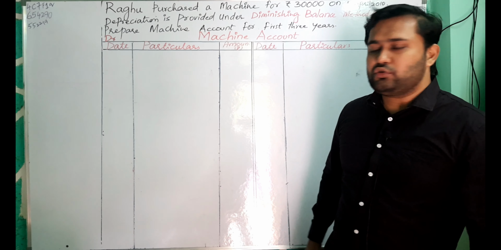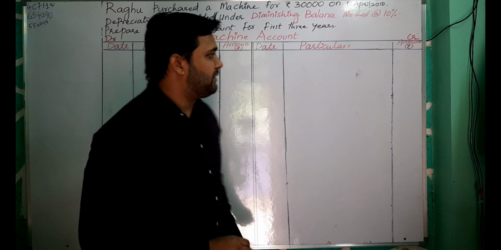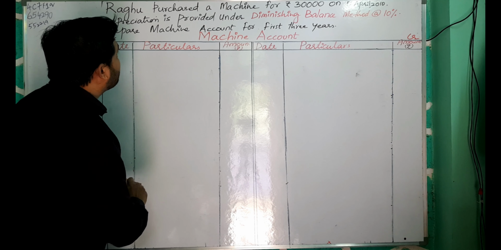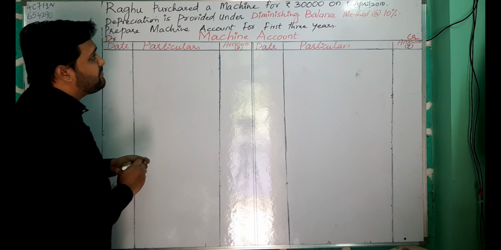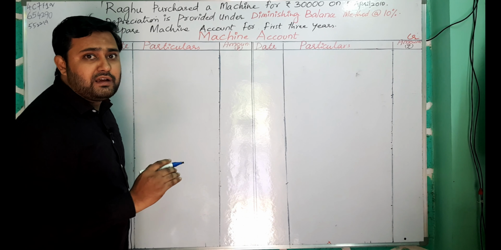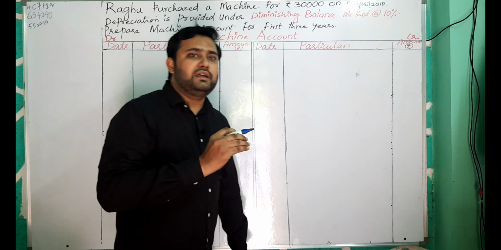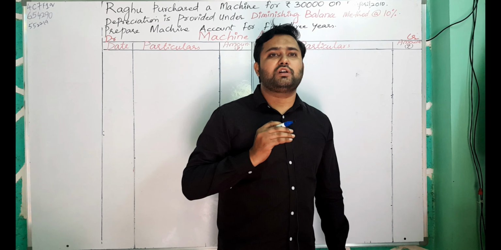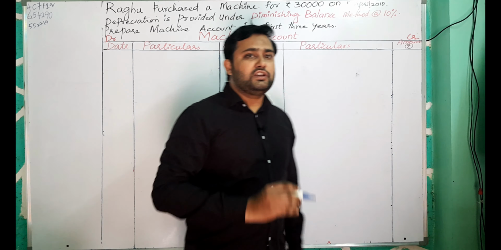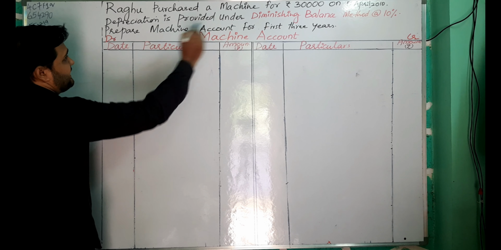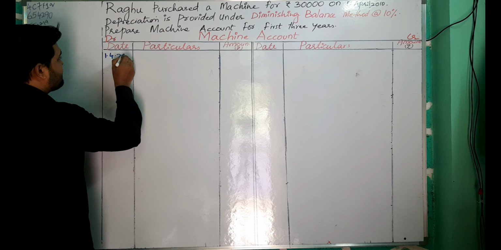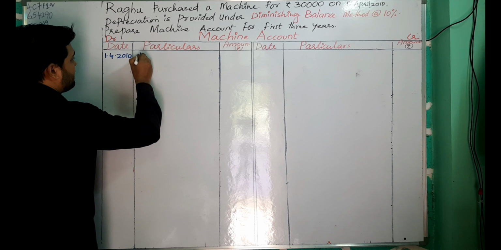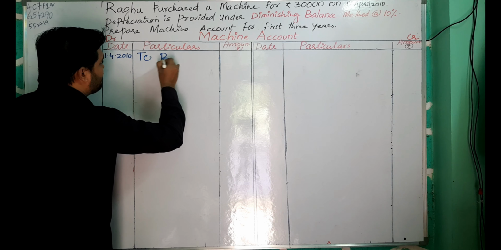Let's see how to solve this diminishing balance problem. Here it has mentioned that Mr. Raghu purchased a machine for 30,000. Whenever anybody or any business organization purchases a machine, you need to first write the date, 1st April 2010, to bank account.